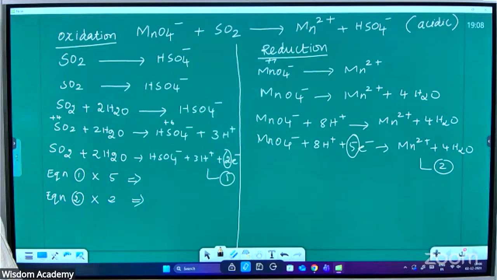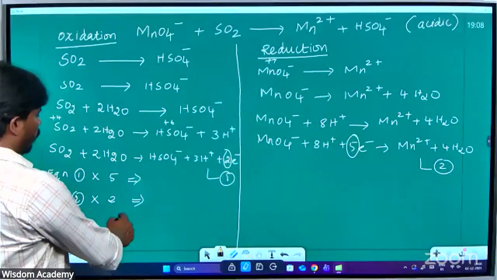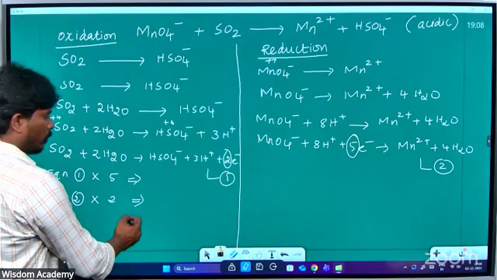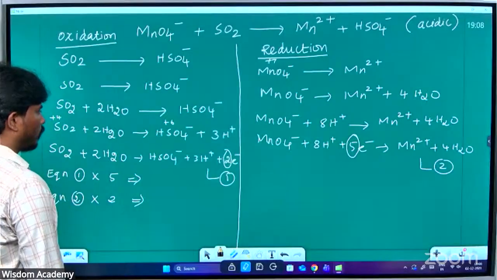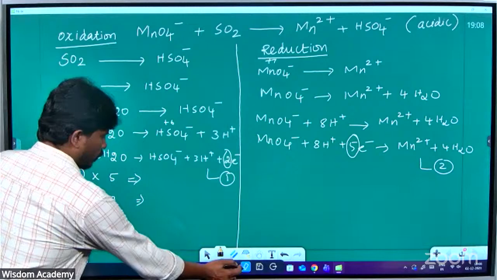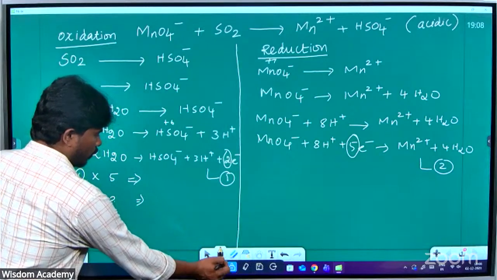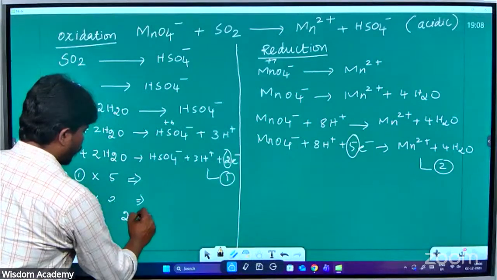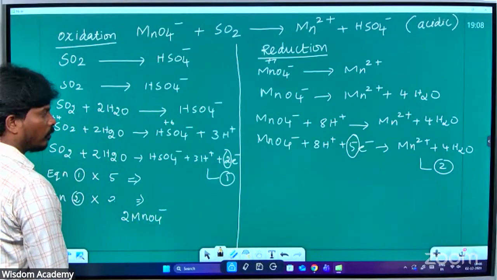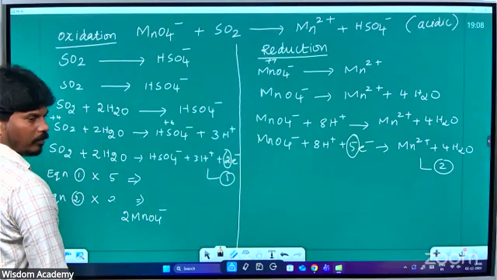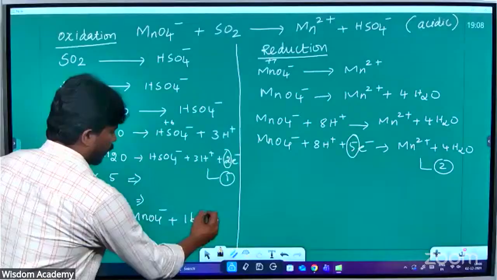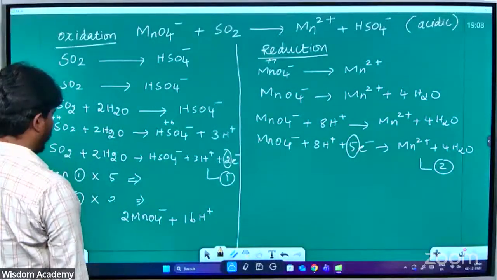What is the final equation? Tell me the final answer. 2MnO4 minus, permanganate ion, plus 16H plus plus 10 electron.